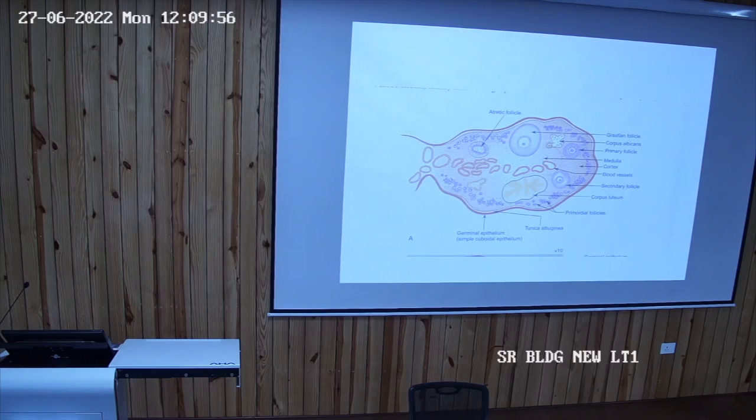Now, in the cortex you are seeing the different developmental stages of the follicles. Look here, very small follicles showing the oocyte in the center. These are called primordial follicles. Next, the primordial follicles enlarge in size and the oocyte also increases in size.